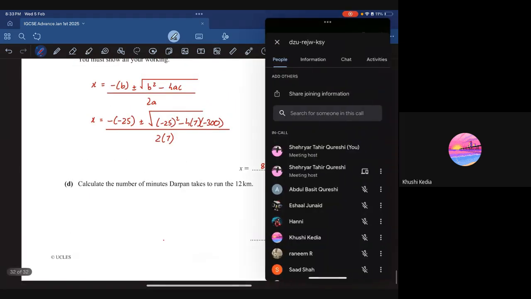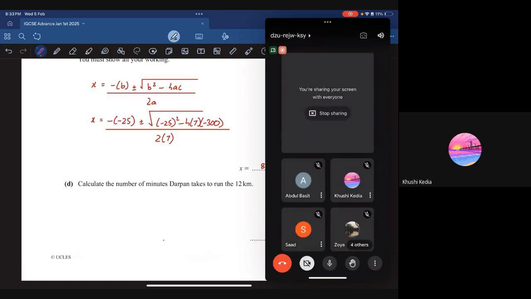Who's going to do the last part? Is there anyone who's brave enough to do the last part? Yes. Just give me a moment, guys.